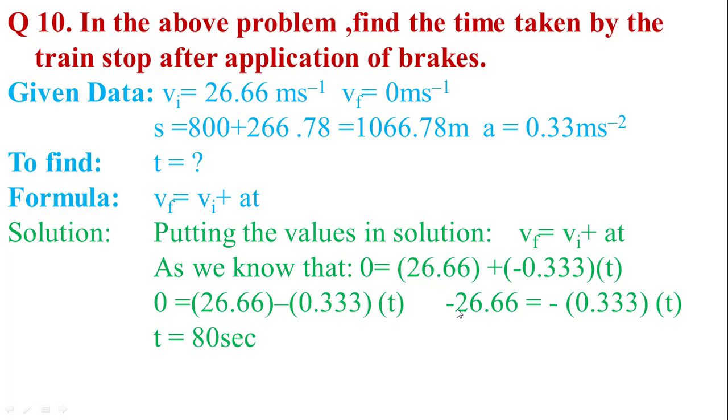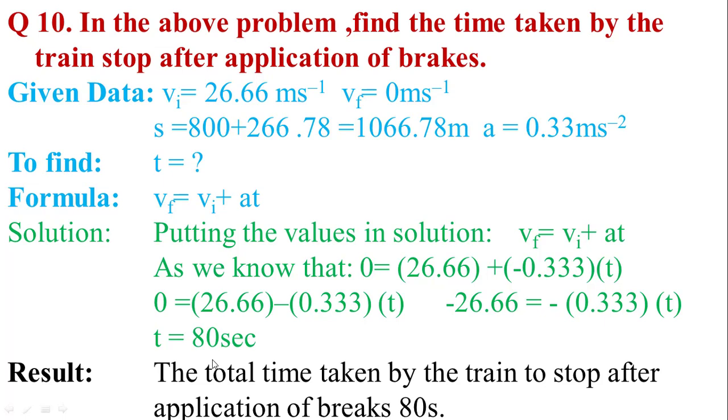Minus 26.66 is equal to minus 0.33 T. Minus cancels out by minus and this value is divided here. So T is equal to 80 seconds.